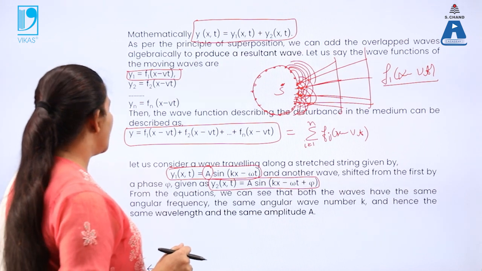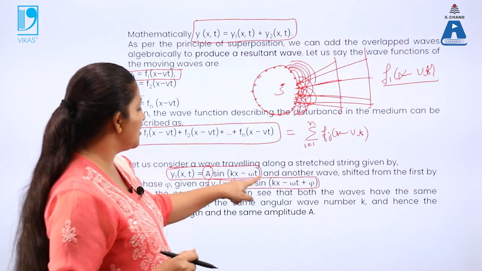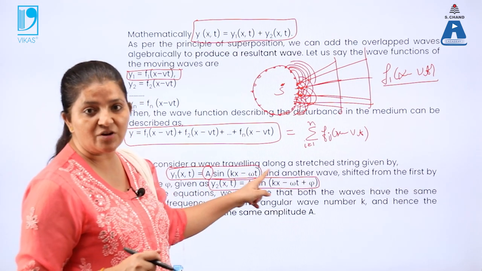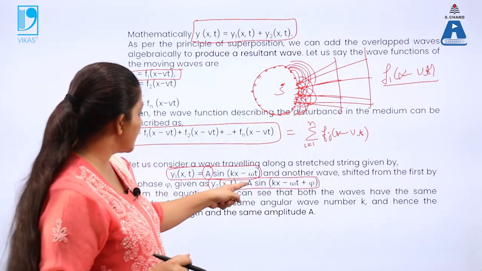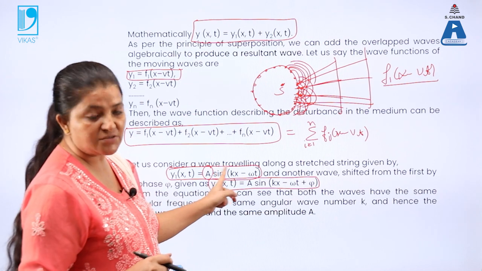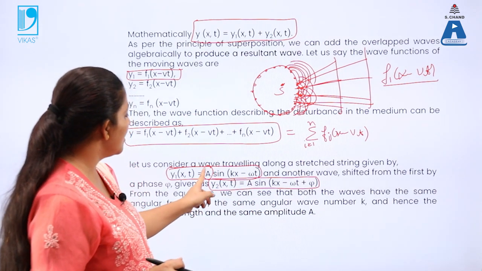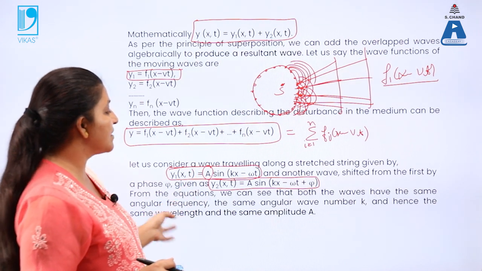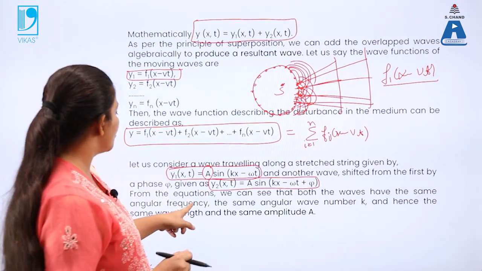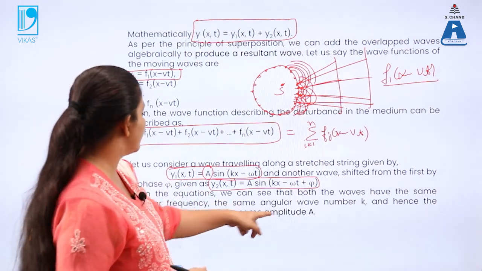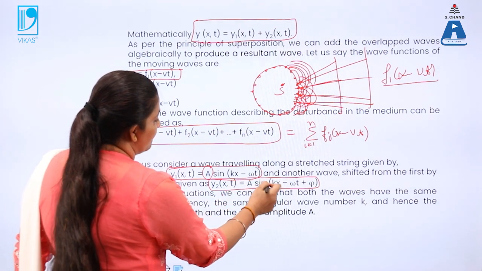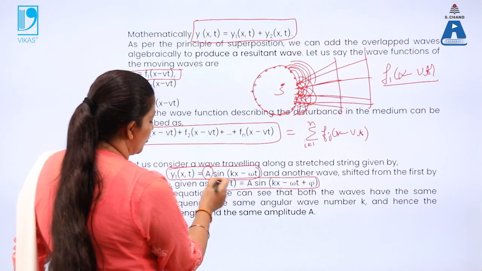Now we know that for these waves, omega represents the angular frequency and k represents the wave number. For both the waves, the amplitude is the same, because we are considering waves traveling with the same amplitude and the same angular frequency. So both these waves have the same angular frequency. Here omega is the same for both, the wave number is the same and the amplitude is the same.